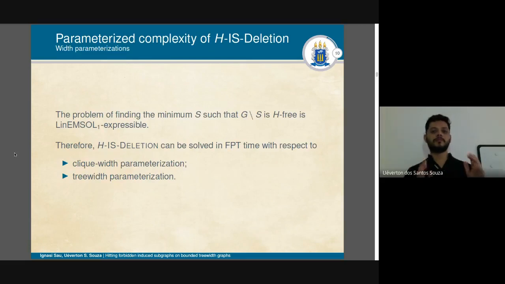Also, we know that the property of being H-free can be expressed in monadic second order logic. Then the problem of finding the minimum S such that G minus S is H-free can be solved in FPT time with respect to clique width and treewidth.